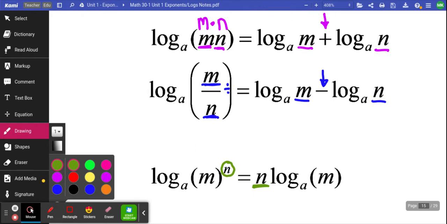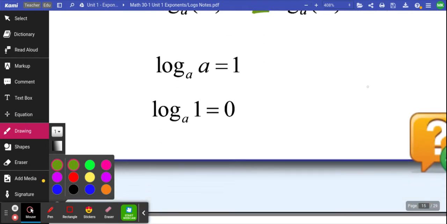Our 2 random kind of log laws are these two. I call them random. They're really not random. But they're much more logical and easy to follow. The reason why they're more logical is if you remember what a log means. A log is the exponent needed for a base to become the argument. So what exponent would you have to put on this base to turn it into that argument? They're already the same thing, so just 1.